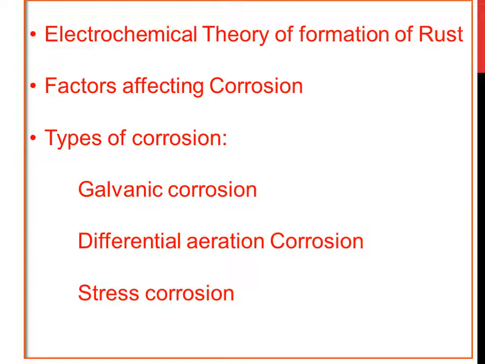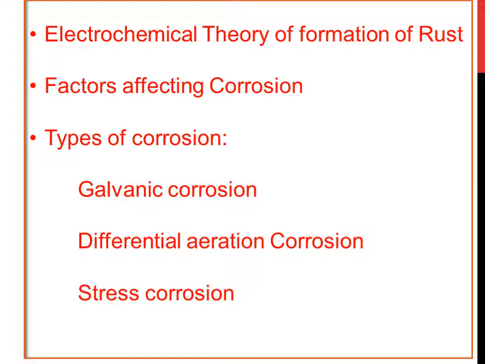Under differential aeration corrosion, we have discussed two different examples, that is waterline corrosion and pitting corrosion. Waterline corrosion is also a kind of differential aeration corrosion.